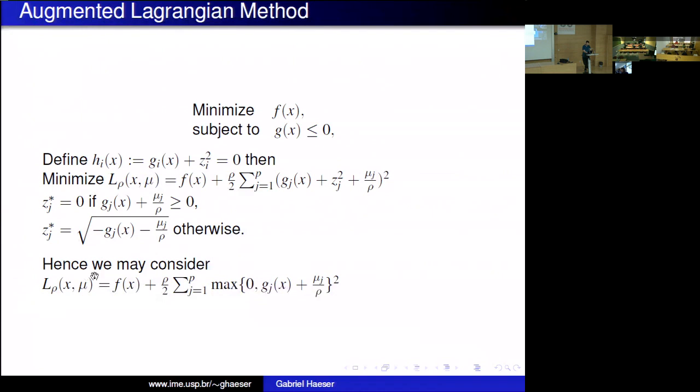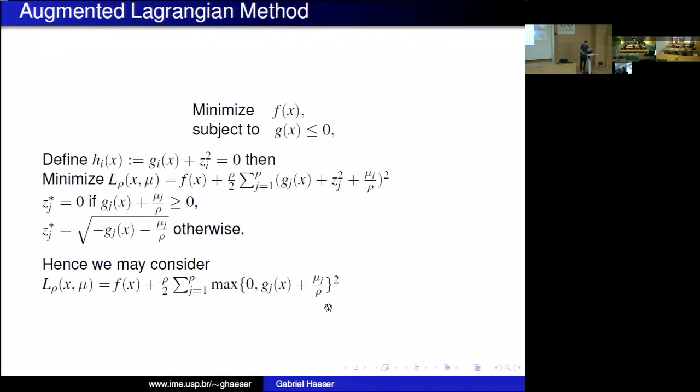So I can rewrite the augmented Lagrangian function in this way. If this term is positive, z should be 0, so the correct term to add here is precisely this. Otherwise, if this is negative, what I should plug in here is 0. So I have this formula here.